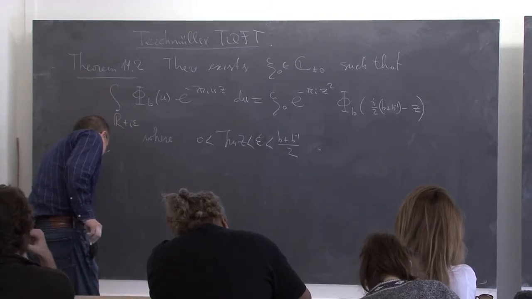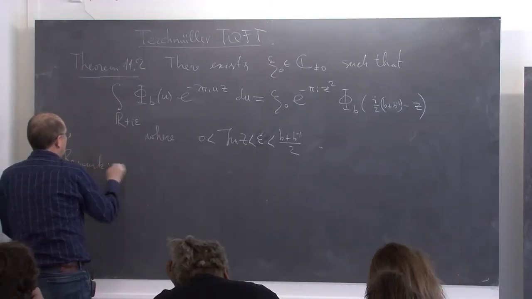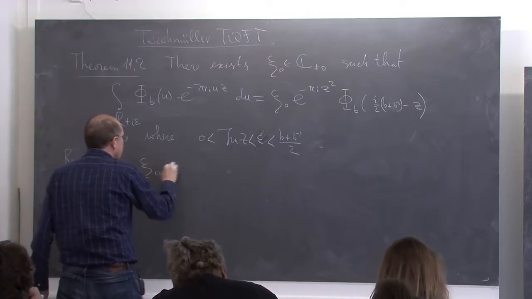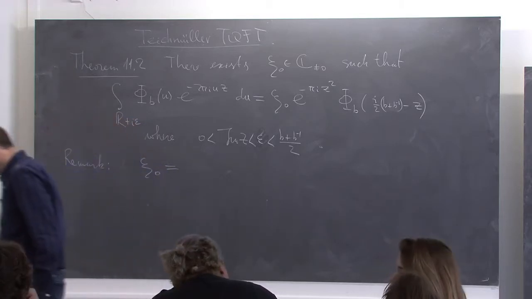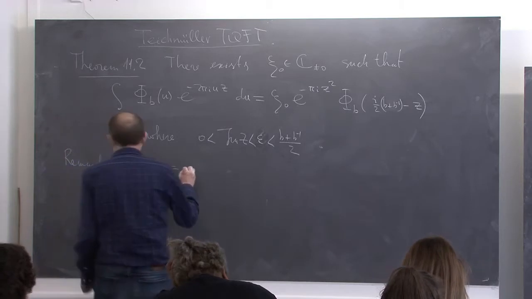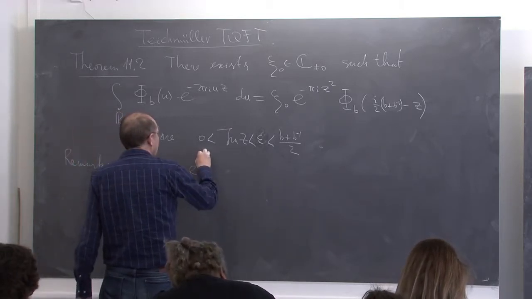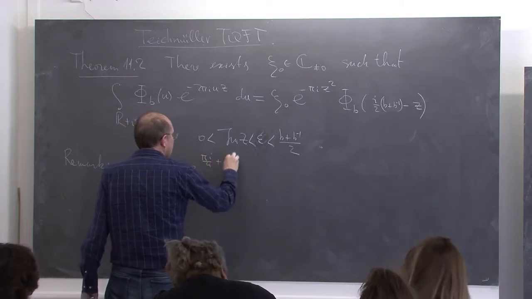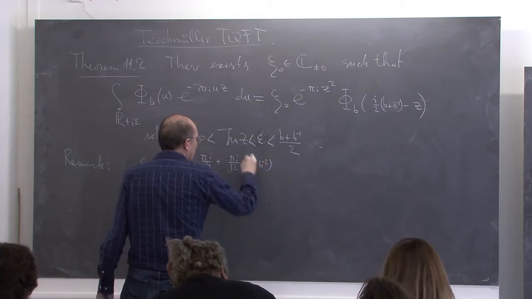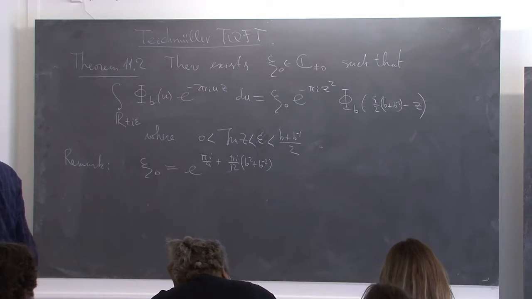And then just a remark. So zeta 0 actually can be calculated, but we will not do that here. It is given by e^{πi/4 + πi/12 (b² + b^{-2}) − 1}. So it's a pure phase given by this formula.